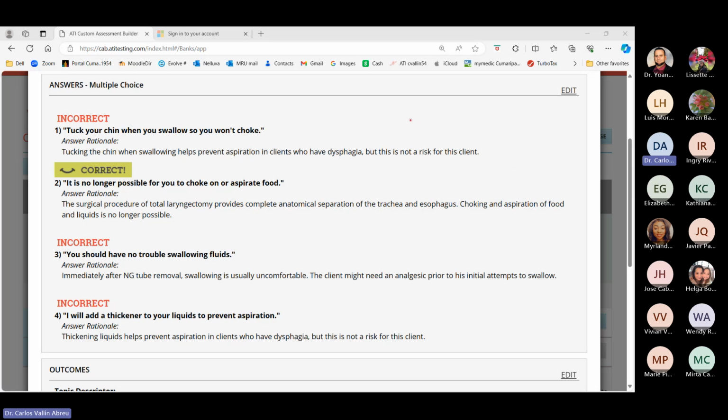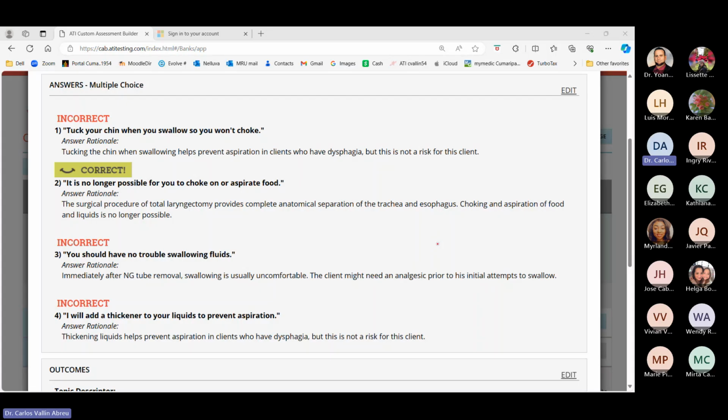Guys, remember that this is the mouth, okay? Here's your tongue. By the way, here also comes the nose. And this is the throat. The throat has a hole here and a hole here.